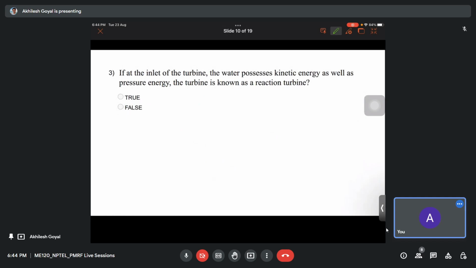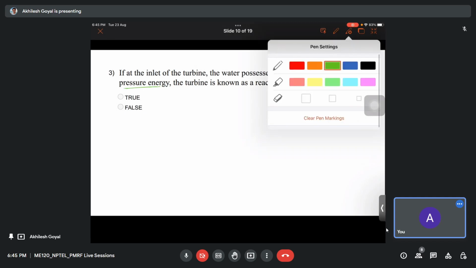It is, if at the inlet of a turbine the water possesses kinetic energy as well as pressure energy, the turbine is known as reaction turbine.